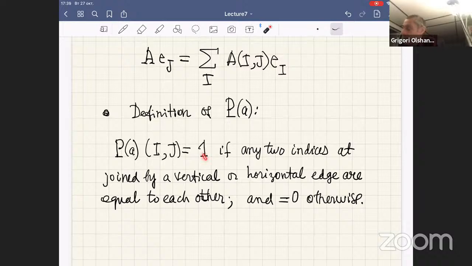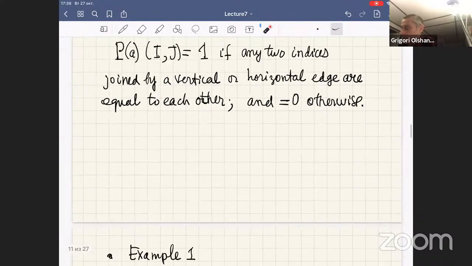We take 1 if any two indices joined by a vertical or a horizontal edge are equal to each other. Okay, and otherwise we have 0 here.